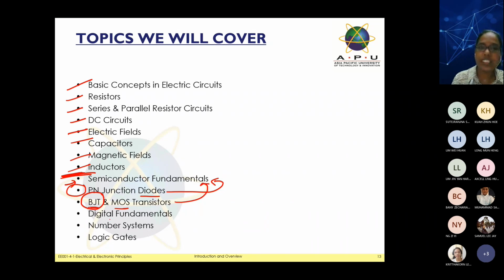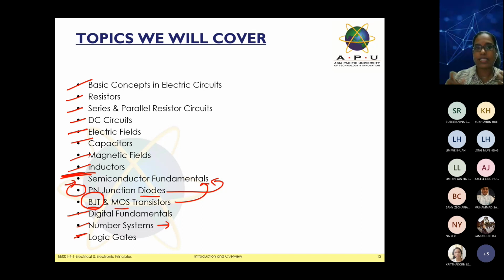And the next one is digital fundamental. When I say digital fundamental, it's related to your numbering system. Maybe some of you, or most of you, have done the numbering system. And also related to logic gates. Numbering system means we have binary, we have octal, we have hexadecimal.